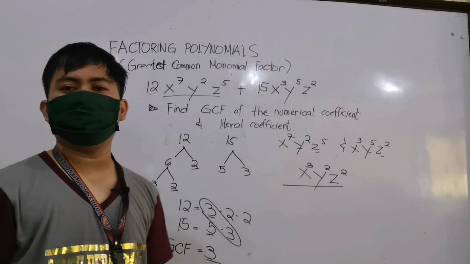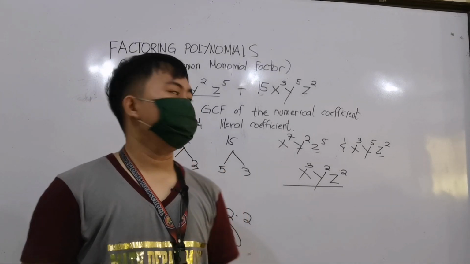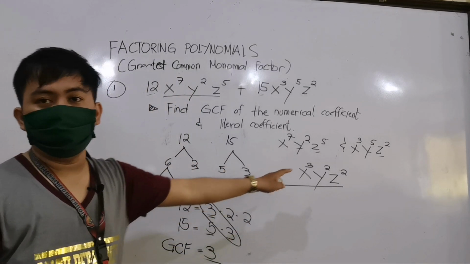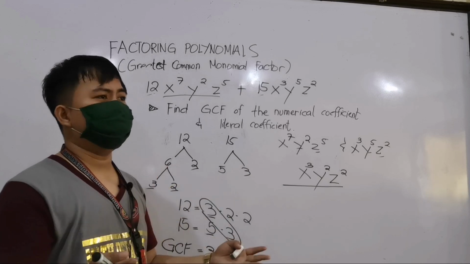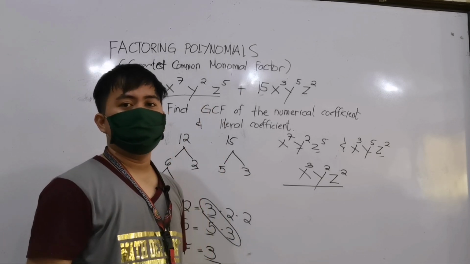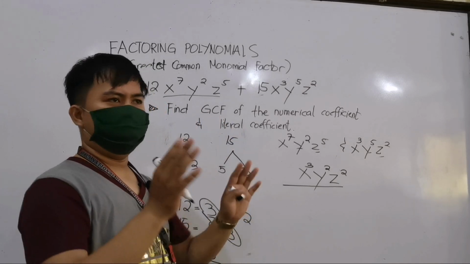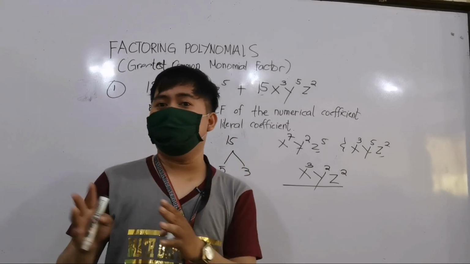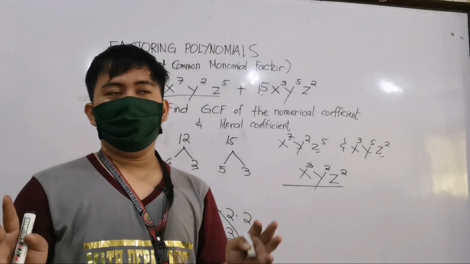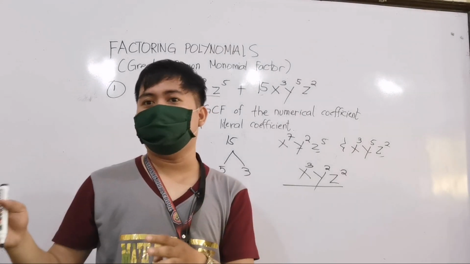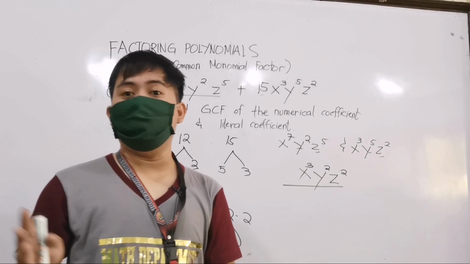Ang susunod po is multiply. Multiply the GCF of the two. Or sabihin na natin, i-combine natin yan. Multiply and combine, although they're just the same mathematically, combine and multiply, hindi. Because when you say combine in addition, you're adding.